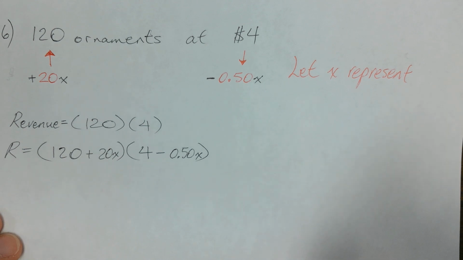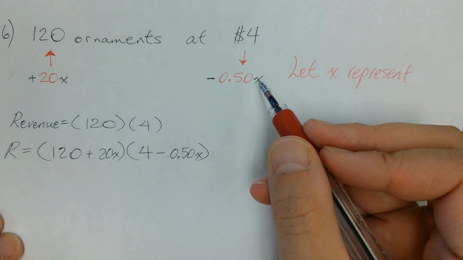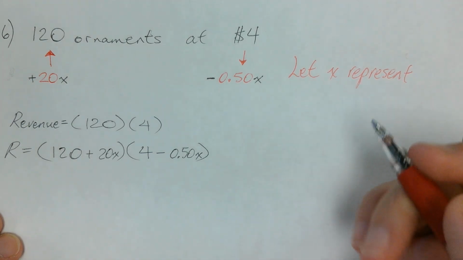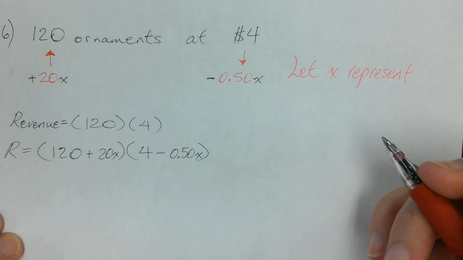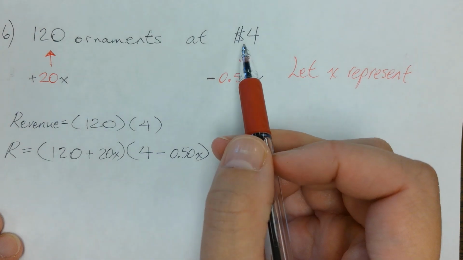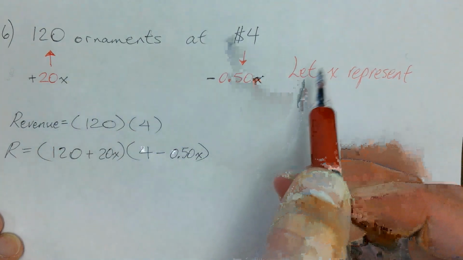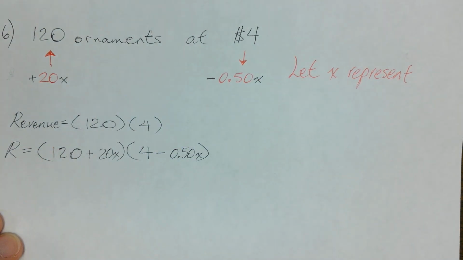Not the number of ornaments. Any ideas? Throw out your ideas. What do you think x represents? Okay. So you guys are just looking at the cost and the ornaments, but here x actually represents, if you look at the question again, number 16.